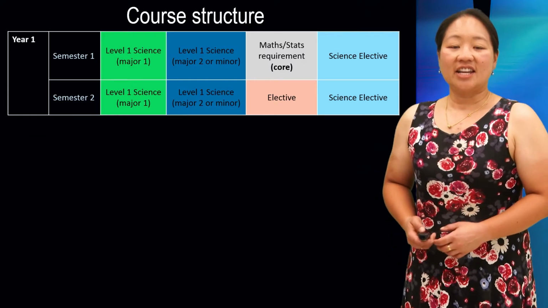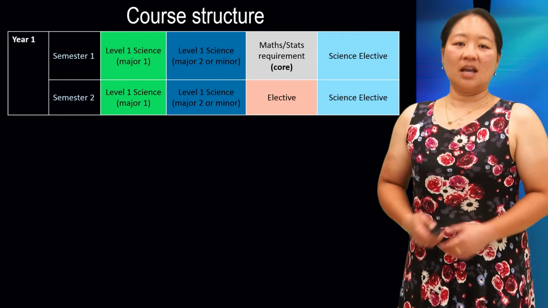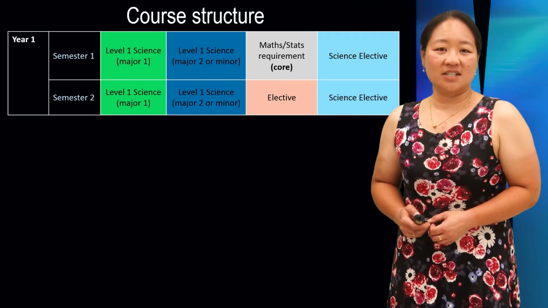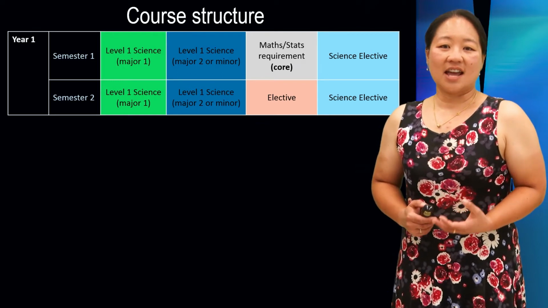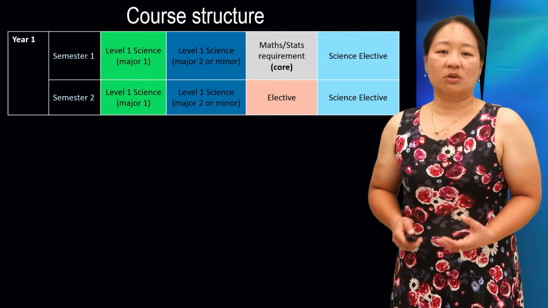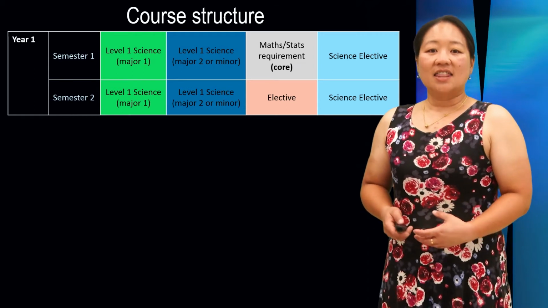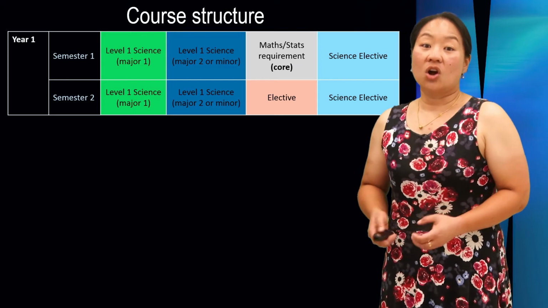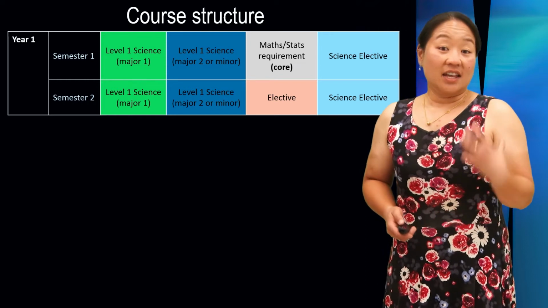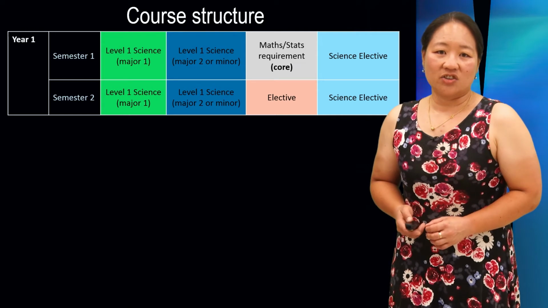As I said, each course is made up of units, compulsory ones and ones you choose. As a minimum, you must complete 2 Level 1 approved sequences and a Level 1 Maths, Stats or Coding unit if it's not already completed as part of a Level 1 approved sequence, such as mathematics. Your electives can be science or non-science based. There are Level 1 approved sequences that are listed in the handbook, and you need to choose from that list in the handbook entry.